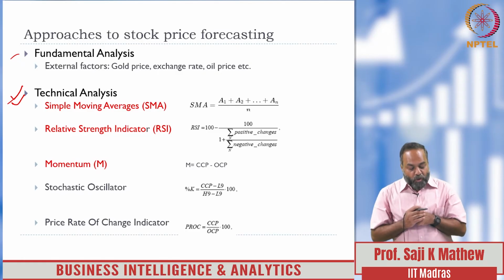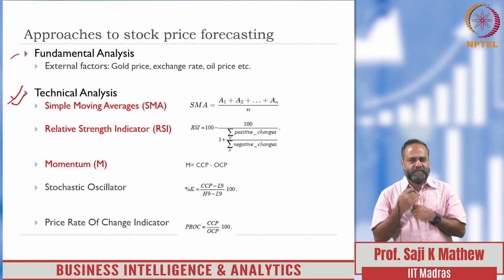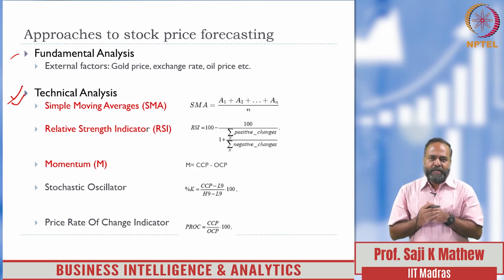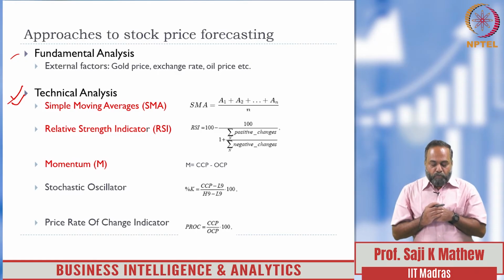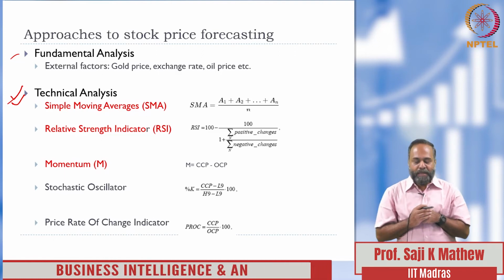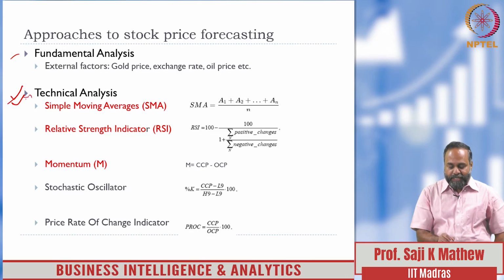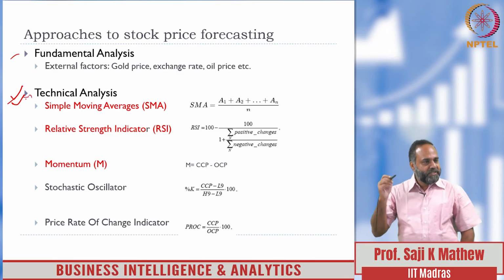In technical analysis, if you go to any website or portal which provides you the time series of stocks, you will generally see the technical analysis done in the form of certain charts.